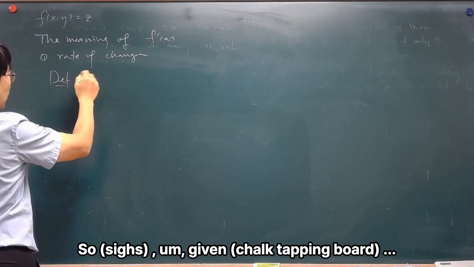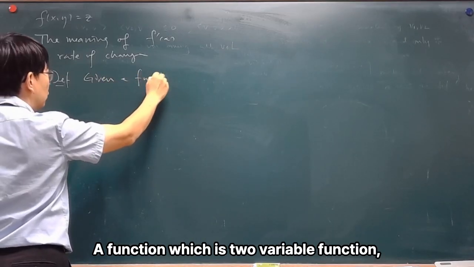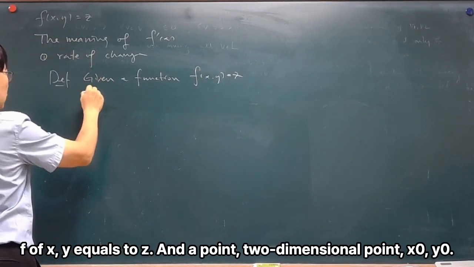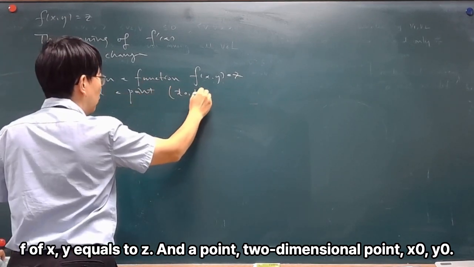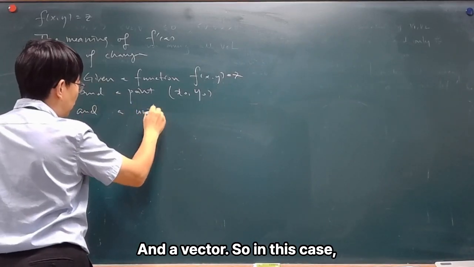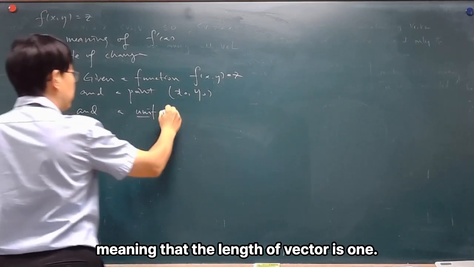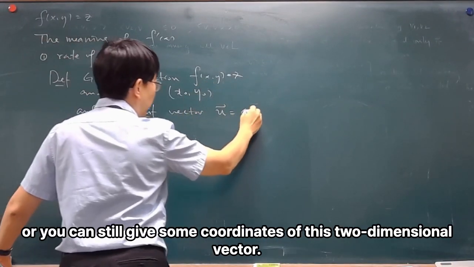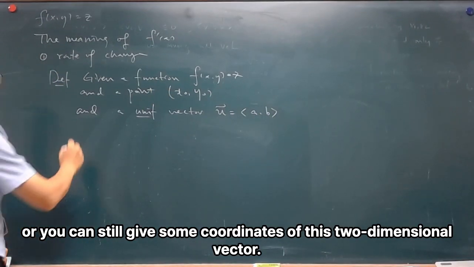So given a function which is two variable function, x y equals to z, and a point, two-dimensional point, x0, y0, and a vector. So in this case, we assume that it's a unit vector, meaning that the length of vector is 1. Let's say you can just call it u arrow, or you can still give some coordinates of this two-dimensional vector.